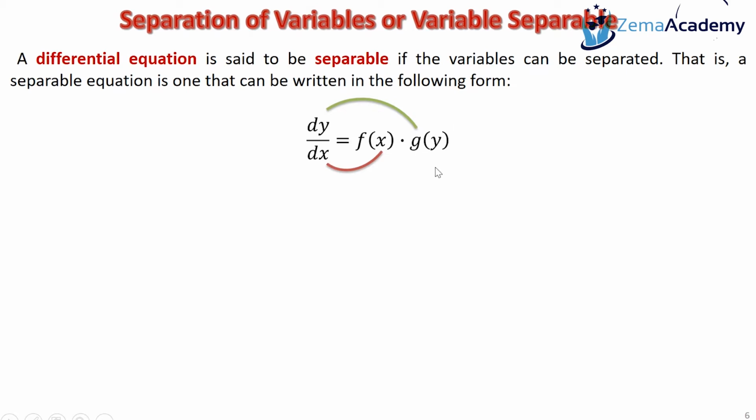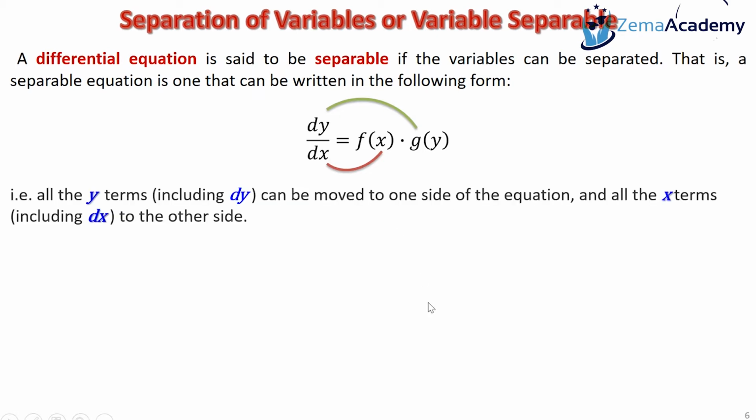When you look at the equation, you can separate it out. The next step is that you bring all the terms that involve y on one side and all the terms that involve x on the right hand side.